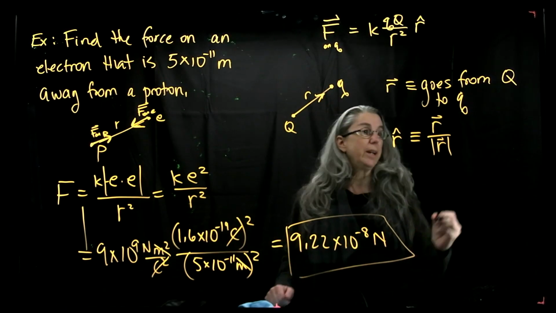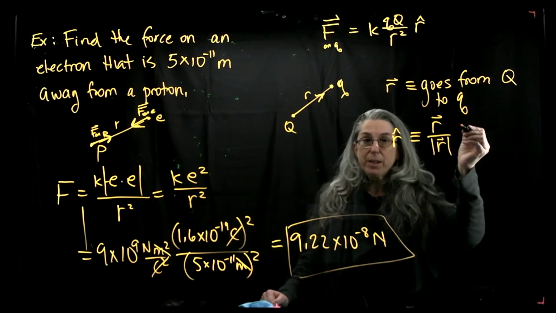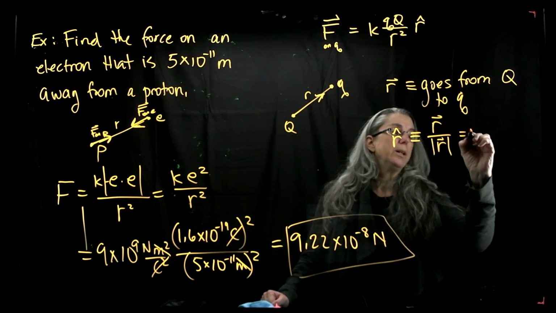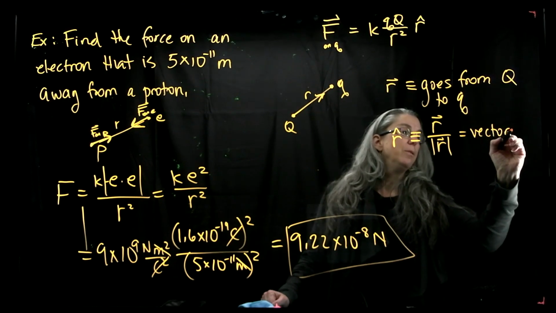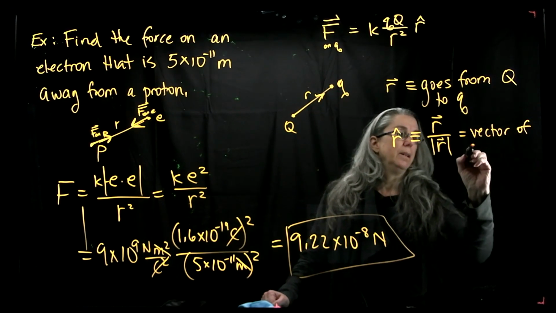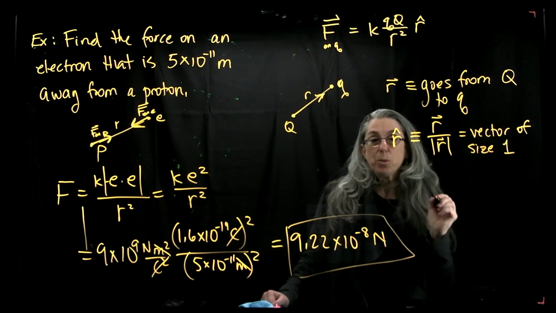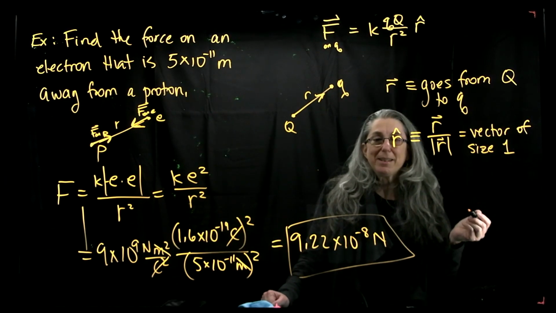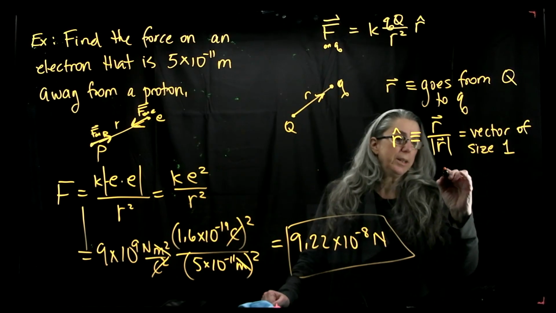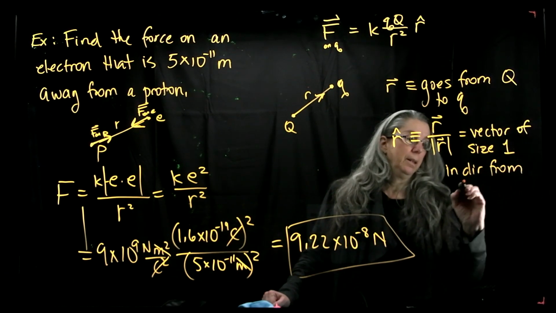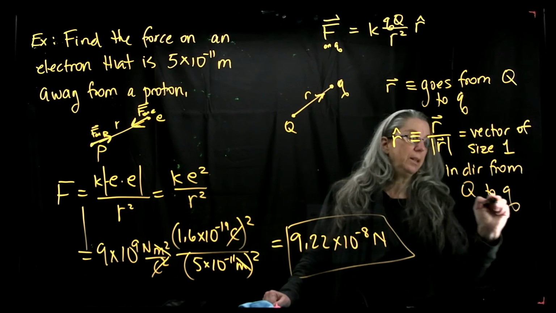It's a unit vector, so you divide the vector by its size, its magnitude, and that gives you a vector of size 1, a unit vector, in the direction from big Q to little q.